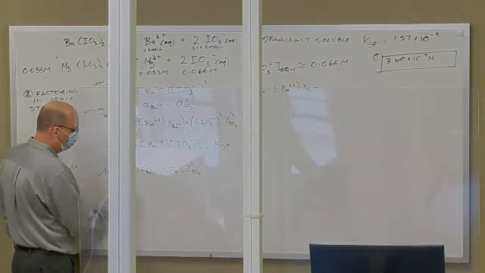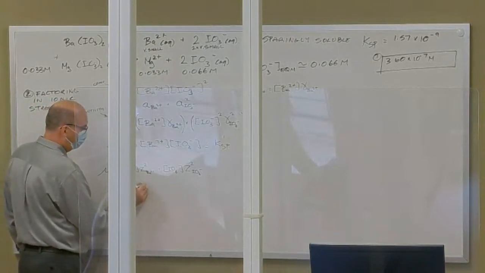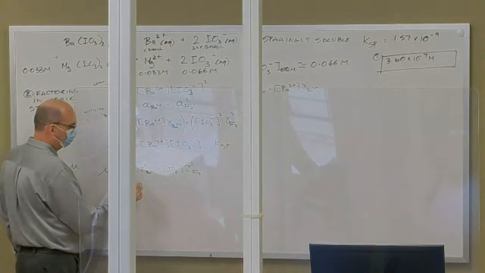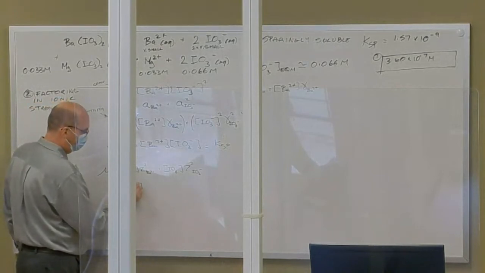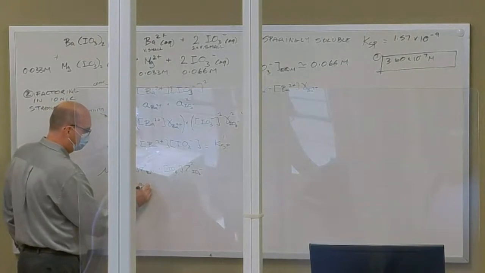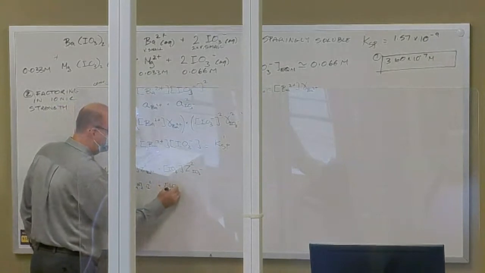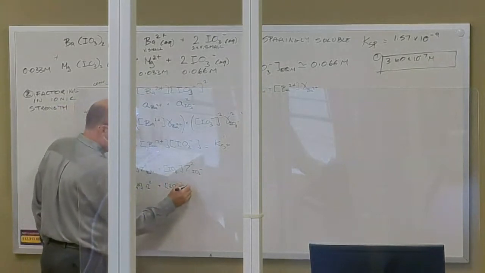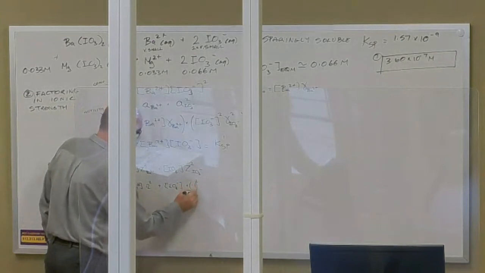Okay, so that was half times whatever the concentration of the barium was, 2 plus squared, plus whatever the concentration of the iodate is times -1 squared.